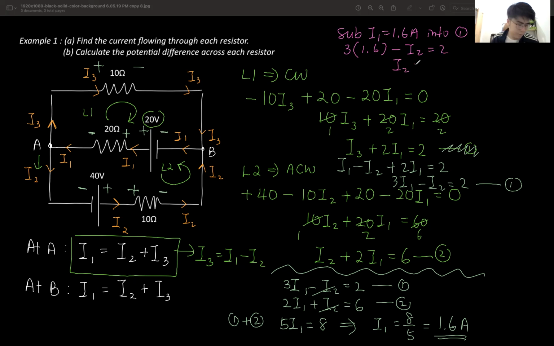Okay, we calculate this one. I2, we get 2.8 ampere. And then I3 is I1 minus I2. This is minus 1.2 ampere.